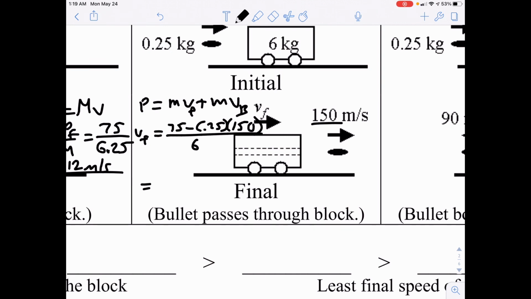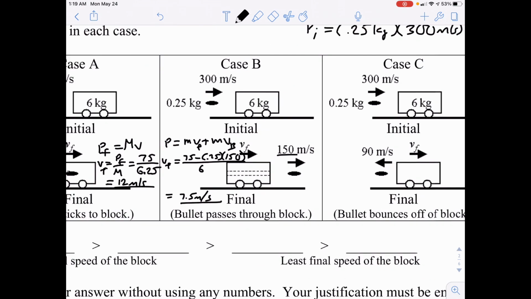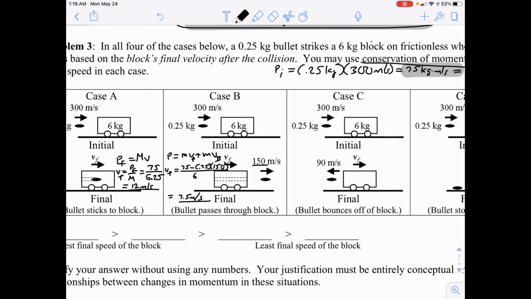And we get roughly about 7.5 meters per second.